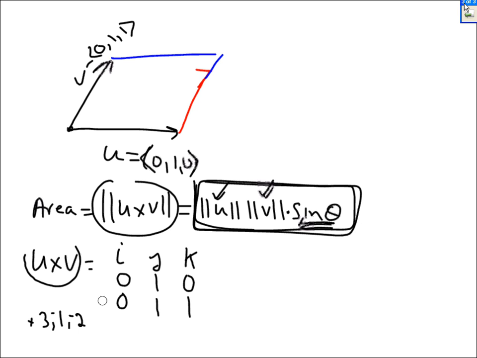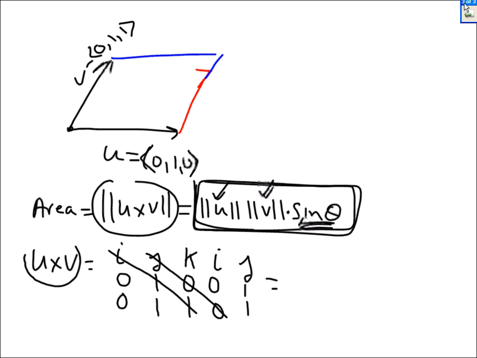But let us find out this determinant. So we repeat the first two columns. i, 0, 0, j, 1, 1. We multiply these, we get 0. We multiply these, we multiply these and we get 1i. We multiply the next one, we get 0. The next one is 0.